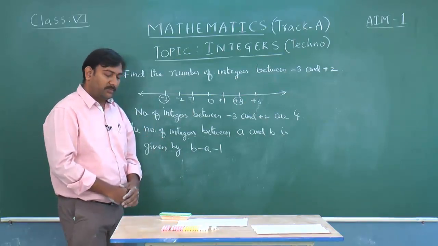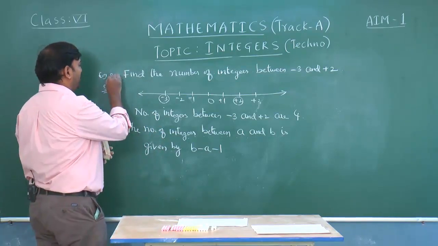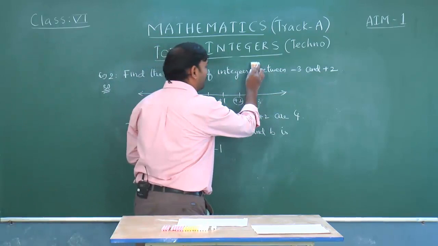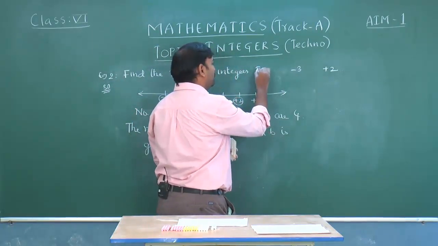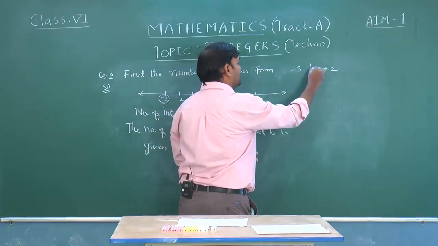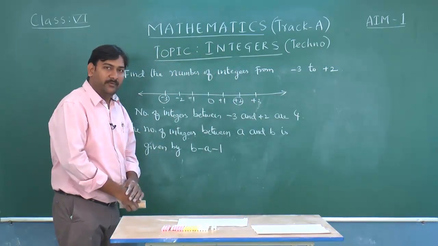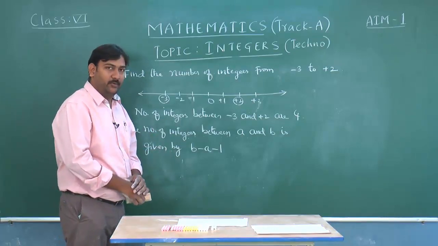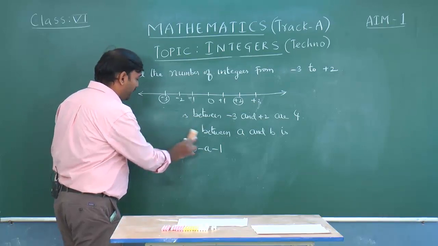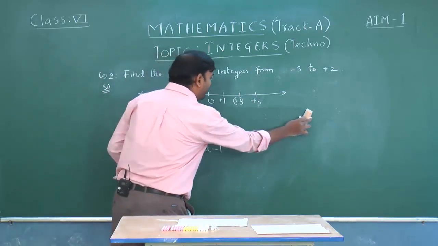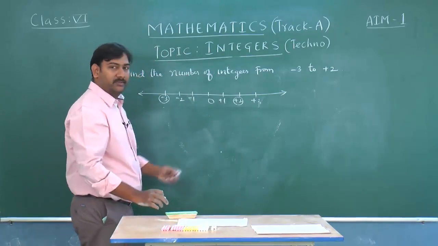Let me discuss one more concept, that is, find the number of integers from minus 3 to plus 2. If I ask you this question, what does it mean? It means I want the number of integers starting from minus 3 and ending with plus 2.